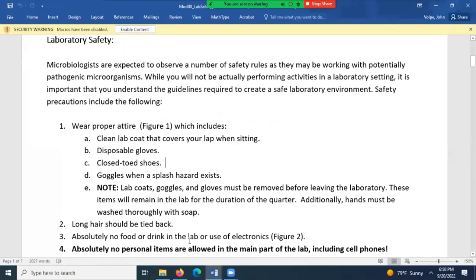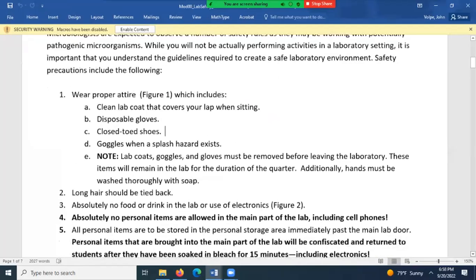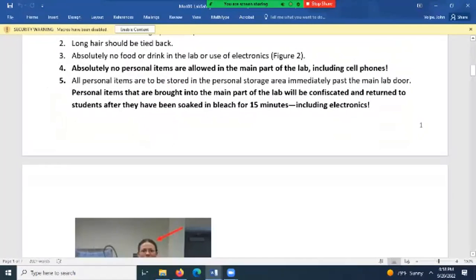Absolutely no food or drink in the lab or any electronics. Anything like that would be confiscated from you, and you wouldn't get it back until it's sterilized, and that would destroy the electronics. To tell you the truth, most food items would be destroyed also. So no personal items are allowed in the main part of the lab.